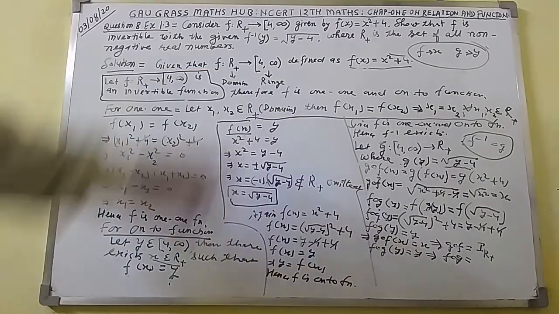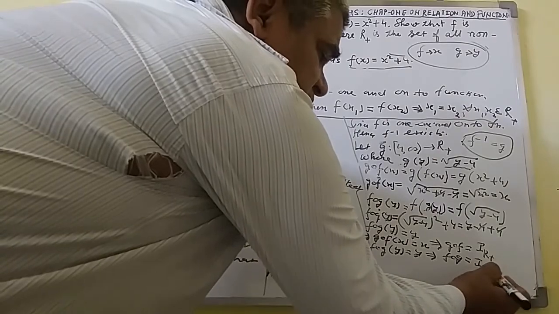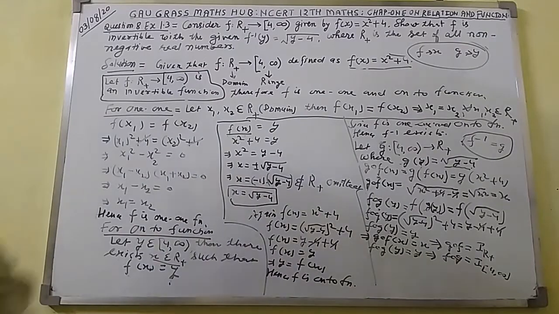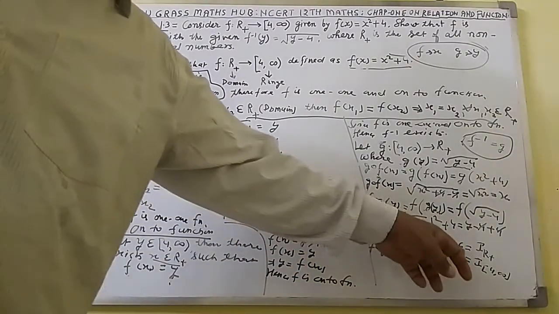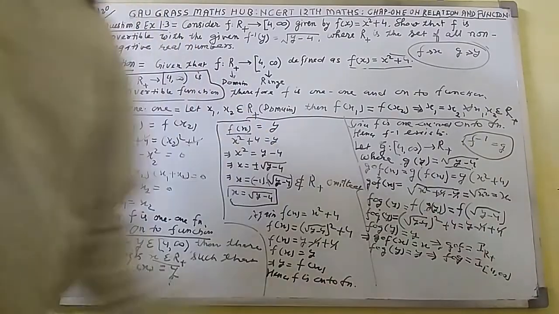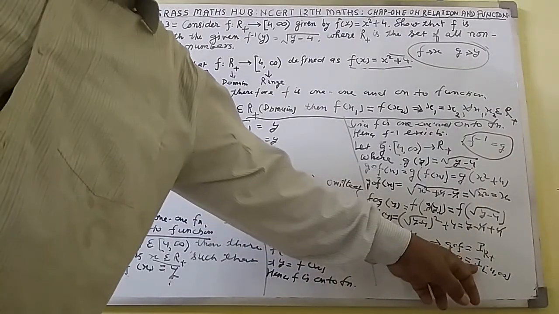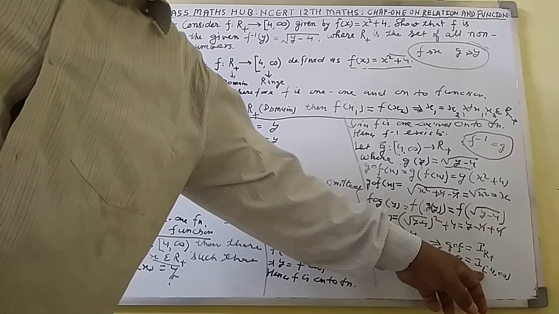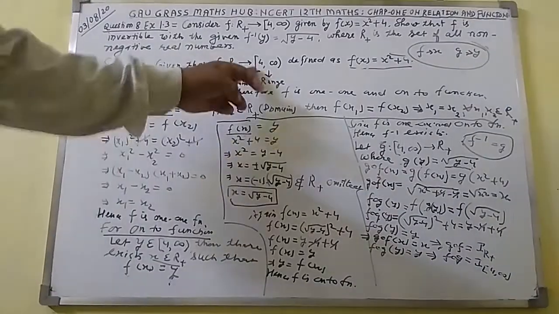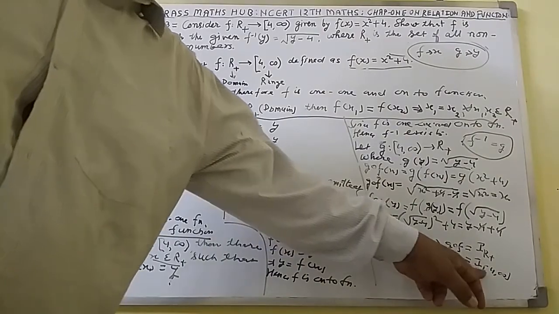So here I shall write f of g equal to the identity function on the range, that is 4 comma infinity, open interval. Here I have got f of g equal to the identity function on the closed interval 4 comma infinity, open interval. This is the range: f of g equal to identity function on range.